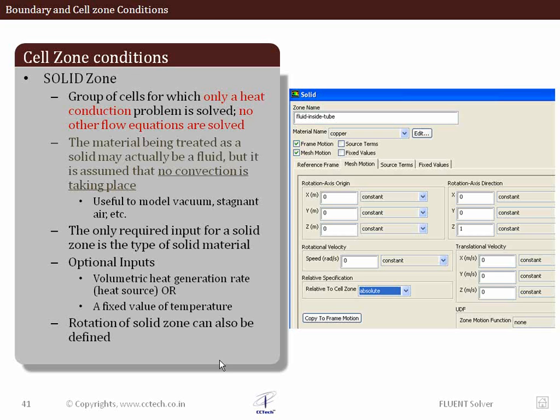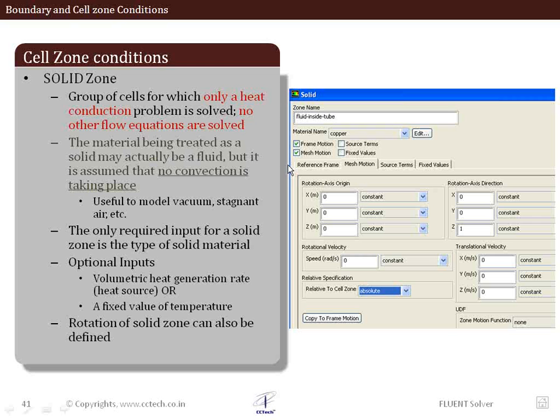As far as solid zone conditions are concerned, usually we do not have a fluid flowing inside a solid zone. We only have the heat conduction problem being solved, so it's without the advection term, or the convection term, in the energy equation. It's primarily the transient and the diffusion terms, and if we want, we can also include a source term for heat production inside the solid domain.